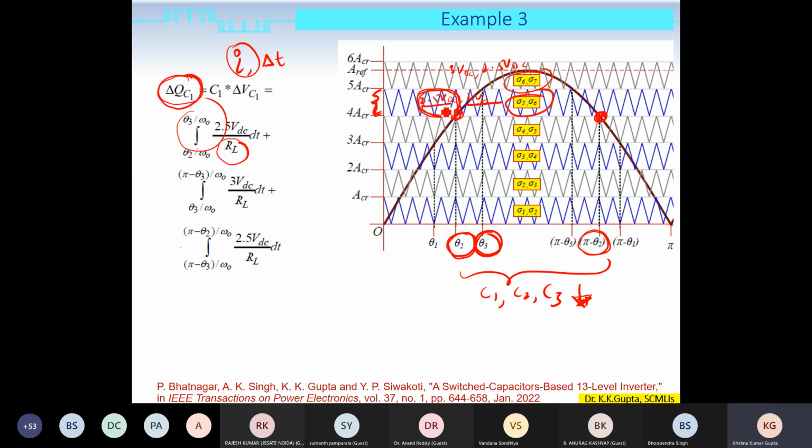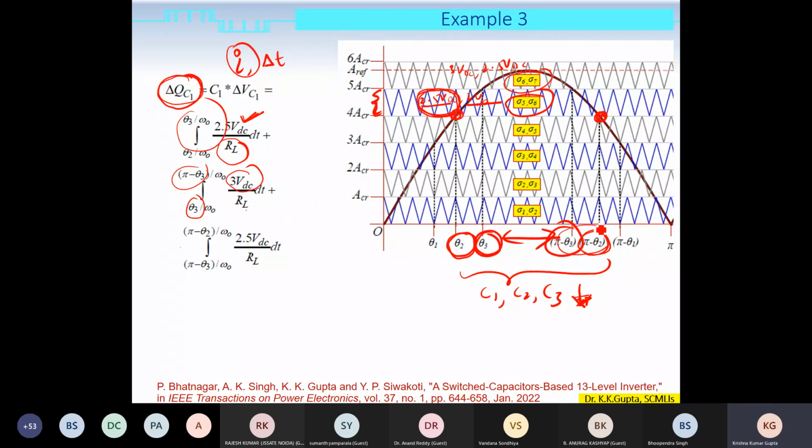Because for a fixed resistive load, the amount of current will be large, which means that the capacitor will undergo more amount of discharge. So what I have done here is I have taken only 2.5 VDC. Similarly, from theta 3 to pi minus theta 3, which means this duration, the larger voltage is 3 VDC. So I have taken the current to be 3 VDC by RL.